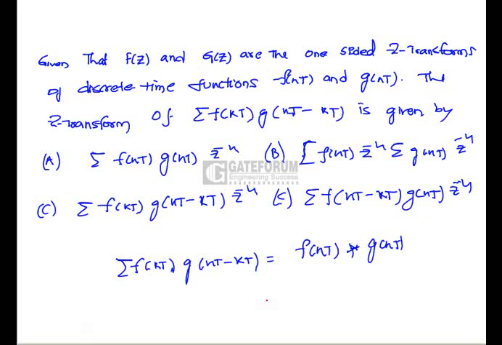If it is convolution in time domain, then in the z domain, if we apply the Z transform, it is going to be the product F(z) and G(z). According to this, if we take the Z transforms of individual functions f(nT) and g(nT) and multiply them, we will get option B as the correct option.